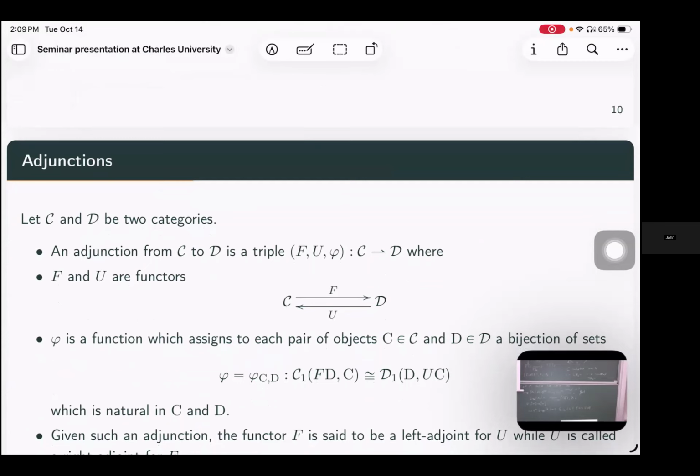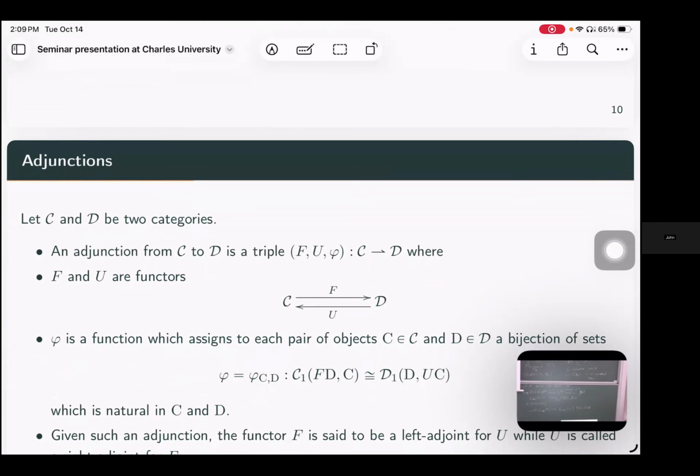I mean, of course, one can just write a bar construction by making use of, let's say for a comonad, the comultiplication and the counit. For a monad, you make use of the multiplication and the unit.